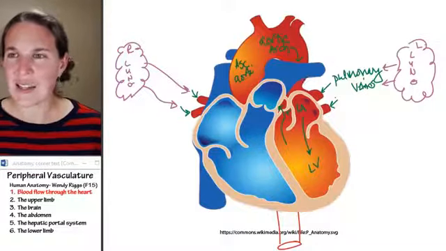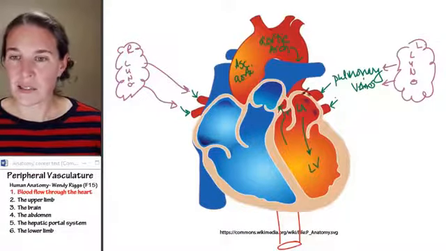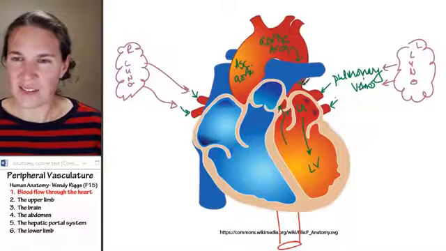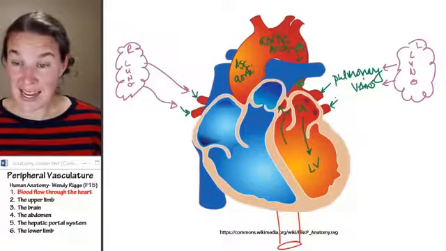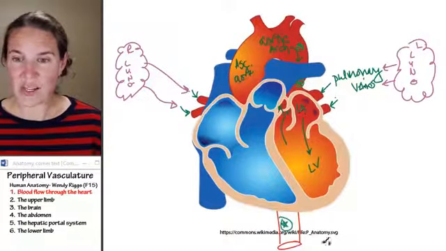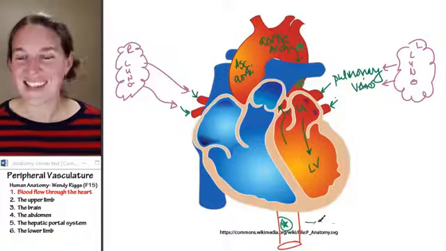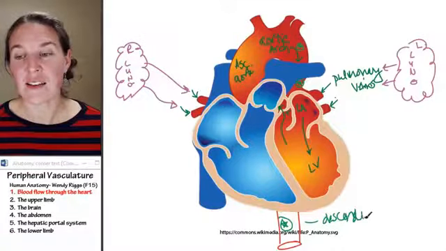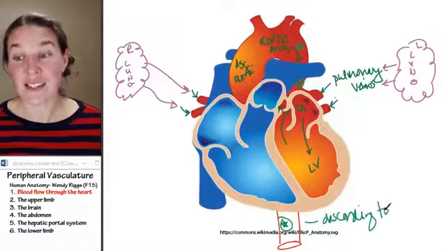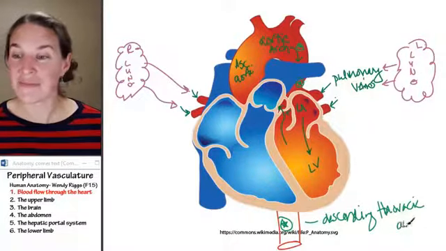Who's that? All right, I got to go back to green. Right, we'll call it right here. It starts right here, and it's headed down, and it continues right here. Guess who that is? That is my descending thoracic aorta.